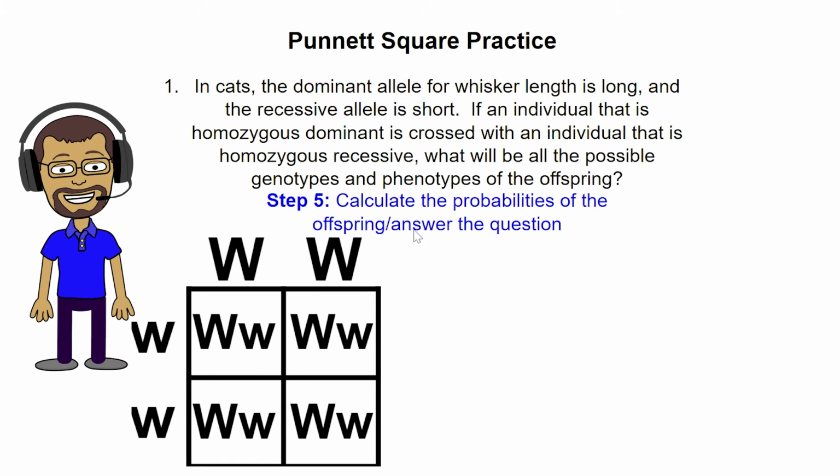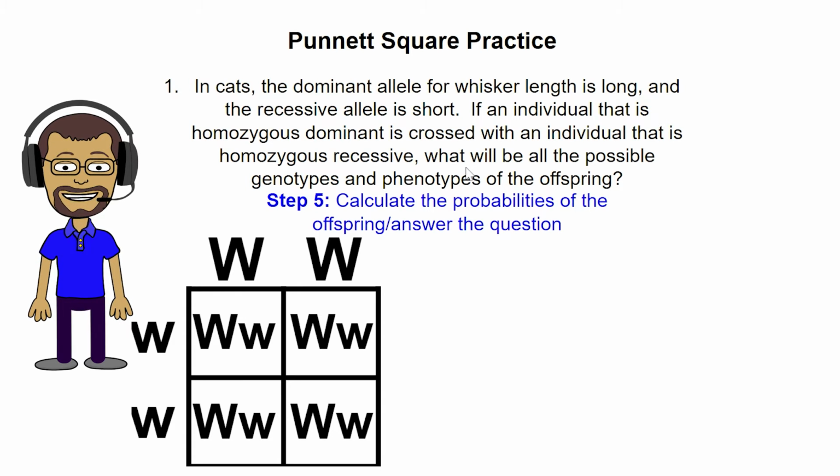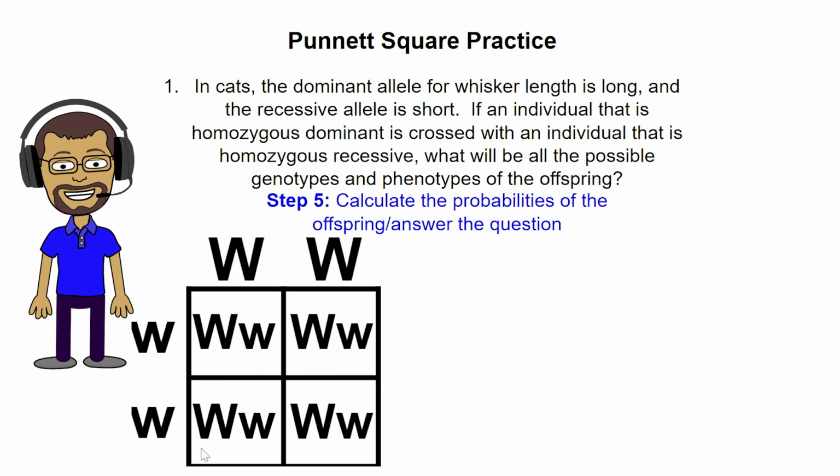whatever the question is asking for, which in this case is asking us to list all the possible genotypes and phenotypes of the offspring. If we look at the Punnett square that we made, there's actually only one genotype throughout the whole square. It's just big W, little w.